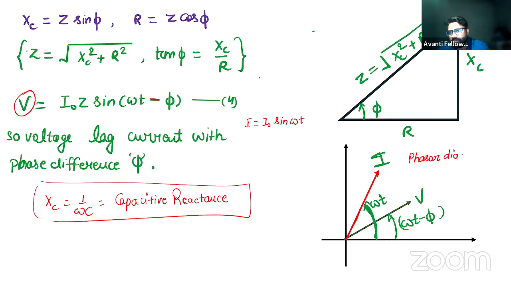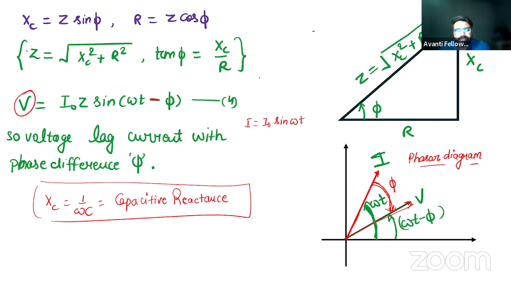I have told you many times. Now you will be familiar with how to draw this phasor diagram. This is I. So omega t you have to measure from the positive x-axis. This is omega t, but this angle is omega t minus phi, which means phi is less than omega t, so this particular angle is nothing but phi. You have to decrease this phi value from omega t, then you draw the voltage phasor. Got it?